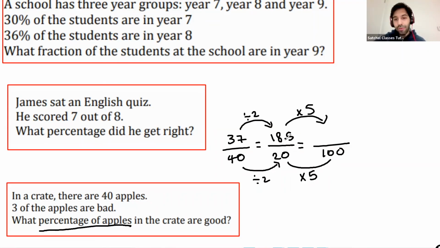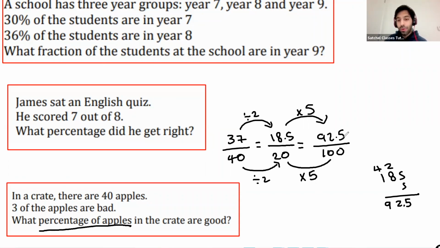So 18.5 times 5, I suppose we can do long multiplication here. And I'm just going to do 185 times 5. Well, 5 times 5 is 25. 5 times 8 is 40, plus 2 is 42. 5 times 1 is 5, plus the 4 is 9. And we have one number after the decimal, so that's going to give us 92.5.